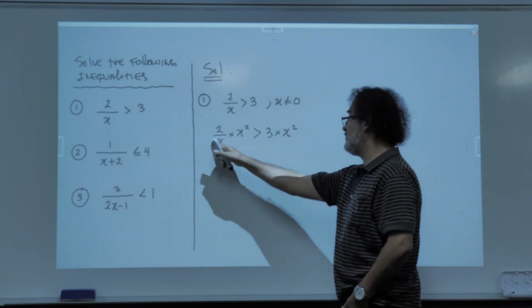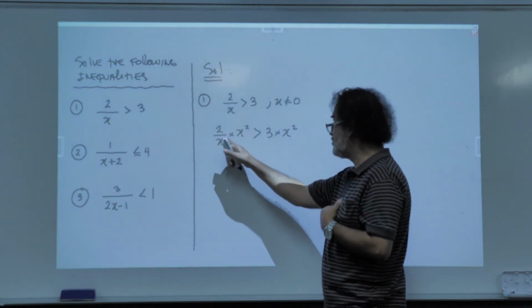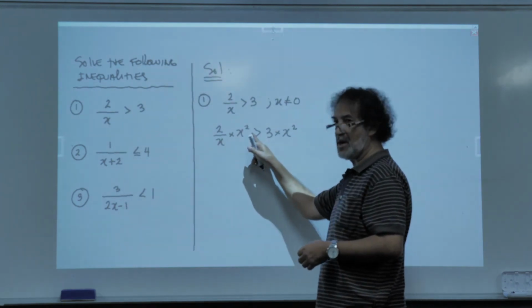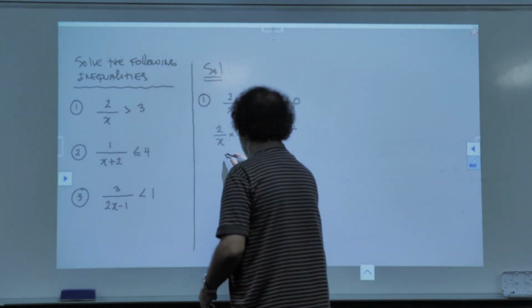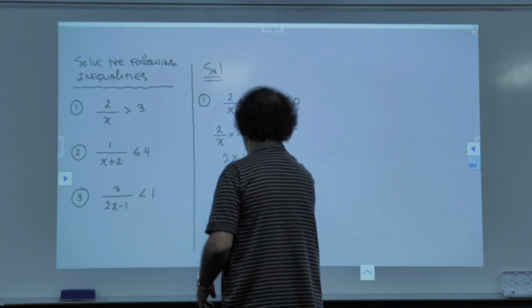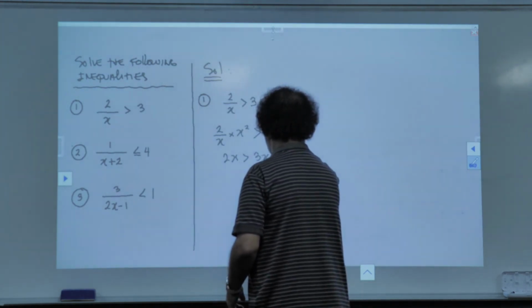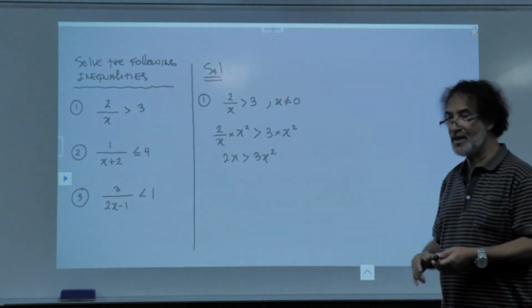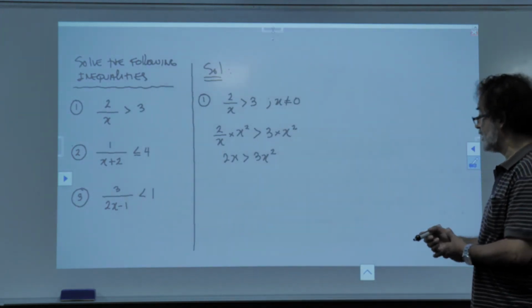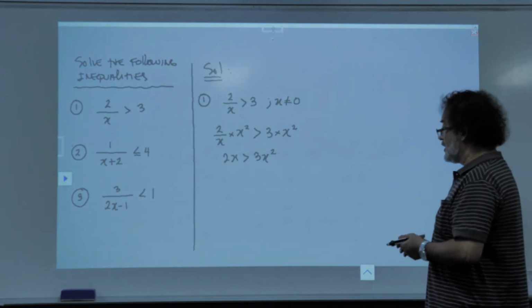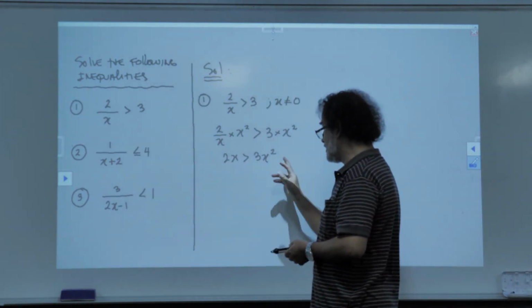And then we're going to simplify. When you simplify 2 over x multiplied by x squared, the answer is just 2x. And on the other side, you have 3x squared. So that's good, we don't have that annoying fraction anymore. Then we're going to put this together.